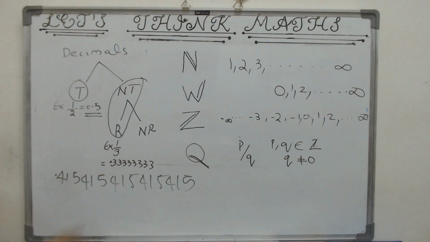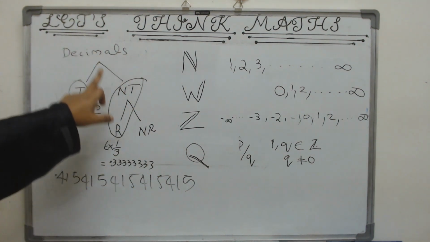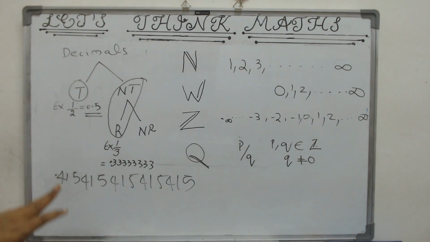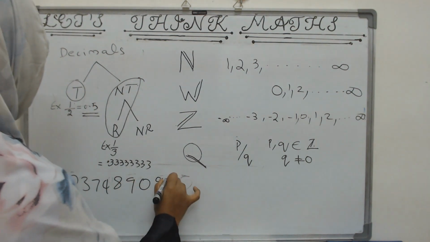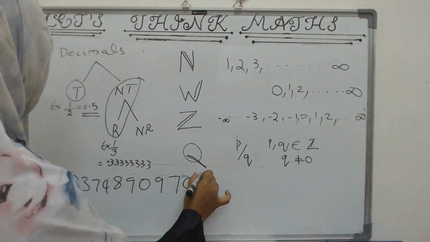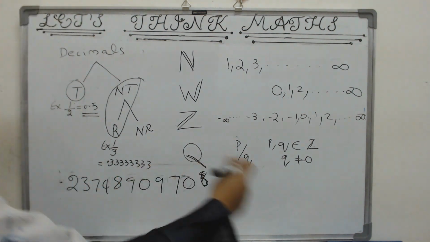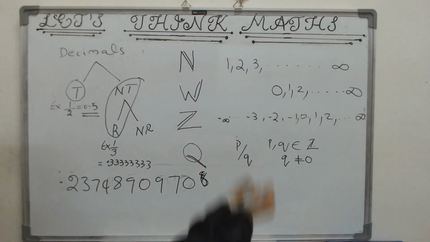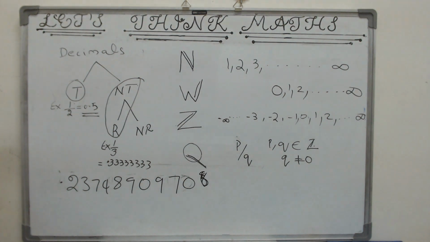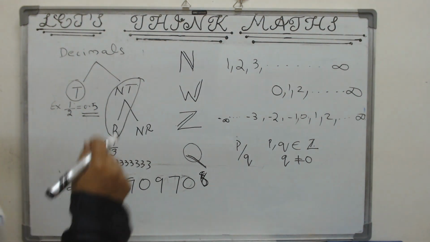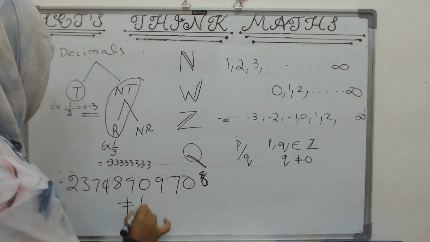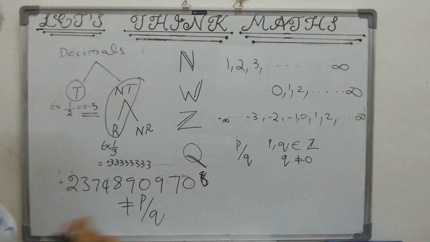So that leaves us the last one, which is non-terminating and which is non-recurring. How does that look like? It just looks like this, like any number. And what is the problem with it? You cannot guess what comes in, say, the 50th digit, what comes as the 1 millionth digit. There is no way of finding out that. And so what can't you do? You cannot express it in the form P by Q. That is the problem there.